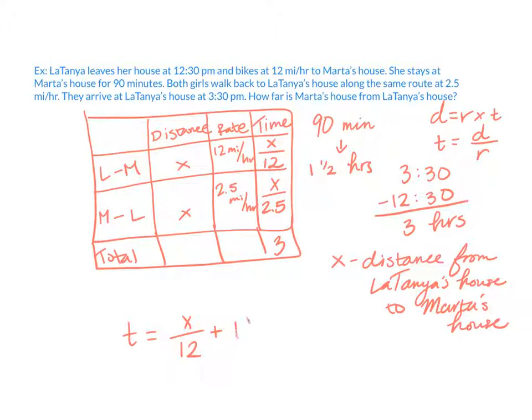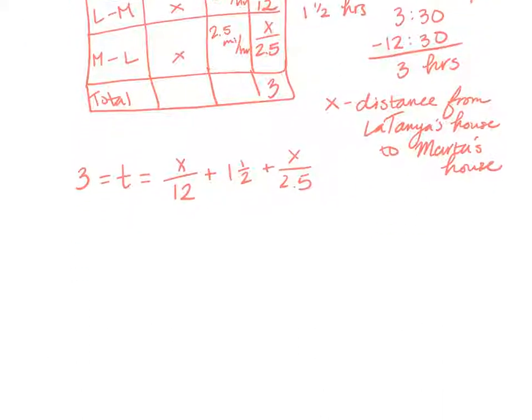So 1.5 plus my new time expression from Marta's to LaTanya's, x over 2.5. Since she started at 12:30 and they got back to LaTanya's house at 3:30, it took 3 hours, so total time is 3. If you notice, I only have one variable again. That is x, and that's what I'm going to solve for.